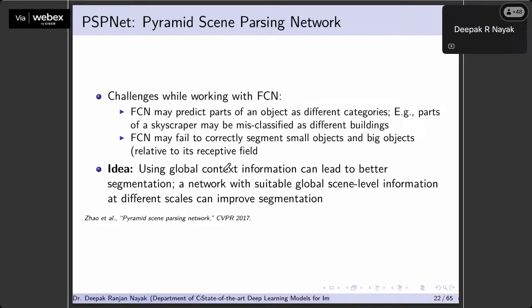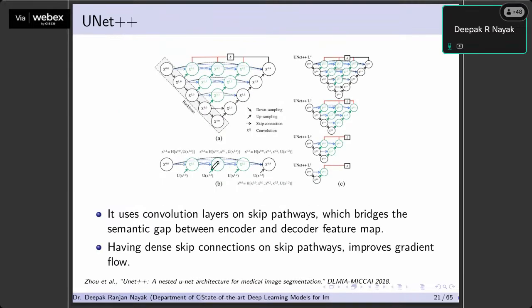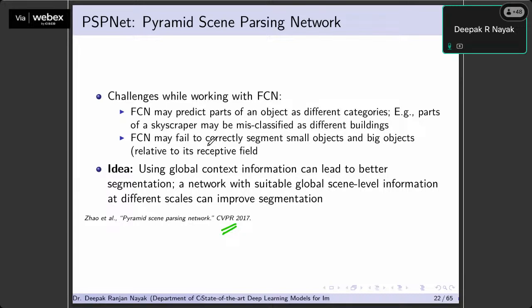Again, in 2017, there was a paper called Pyramid Scene Parsing Network, published in CVPR, the top conference in computer vision, where they claimed that FCN and its variants, and some other architectures, were not able to handle a few complex problems inherently present in complex segmentation tasks. FCN mostly failed to correctly segment small objects and big objects present in an image, that means it doesn't have multi-scale feature learning capability.